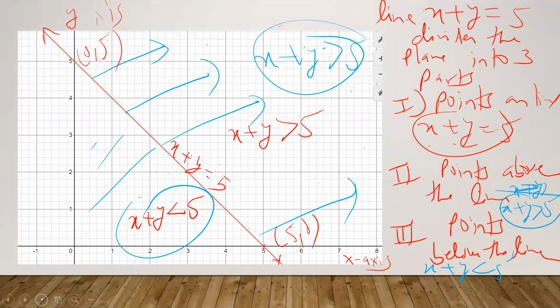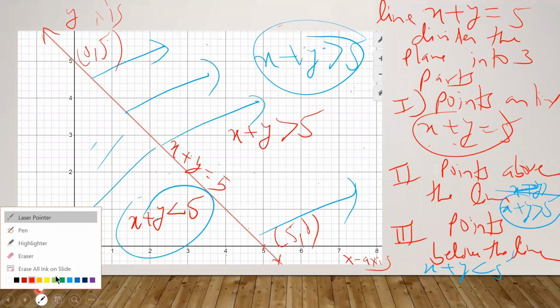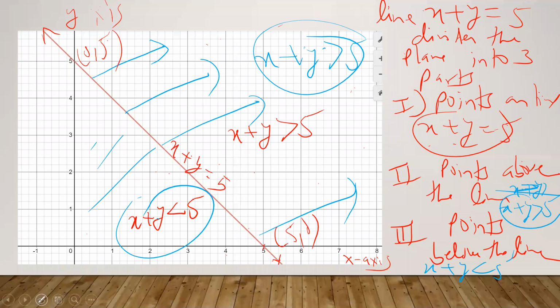Then we also have the part of the region which belongs to the lower side of the line, this side, green color.